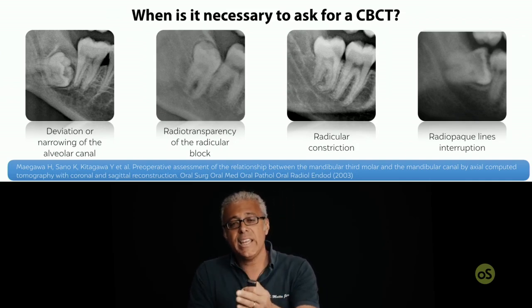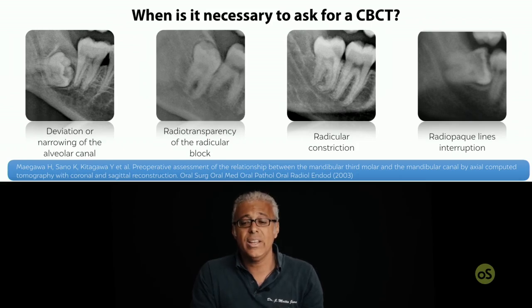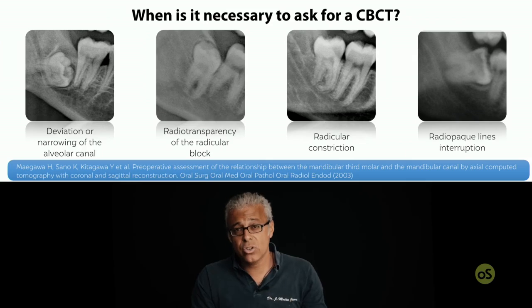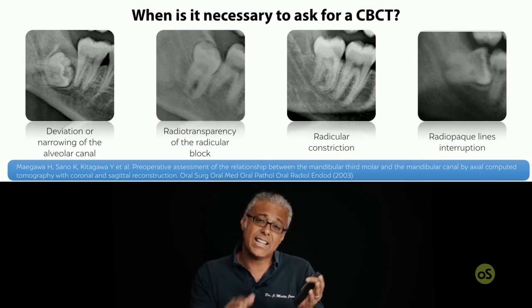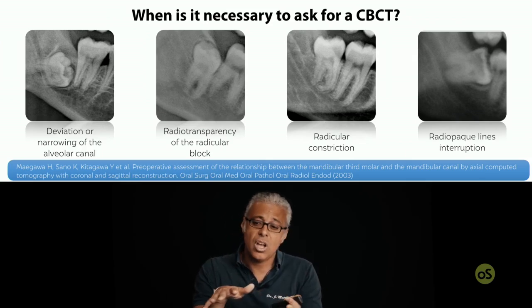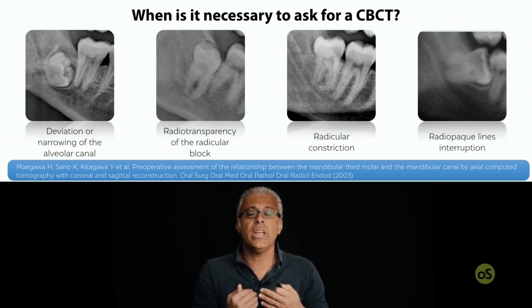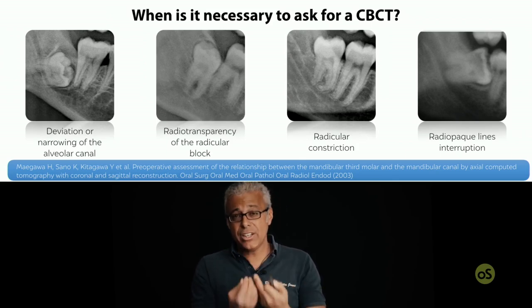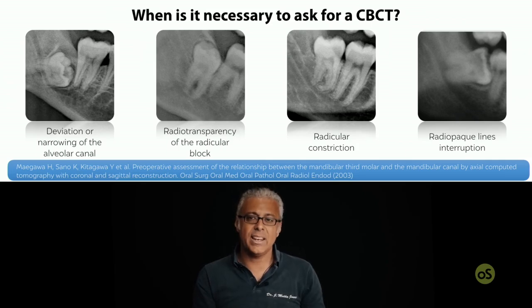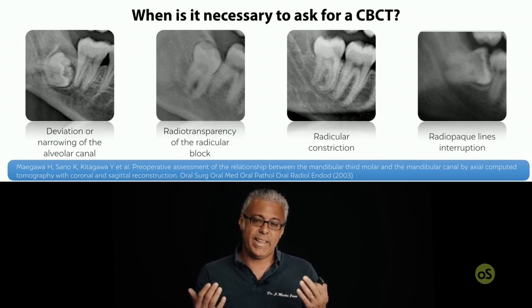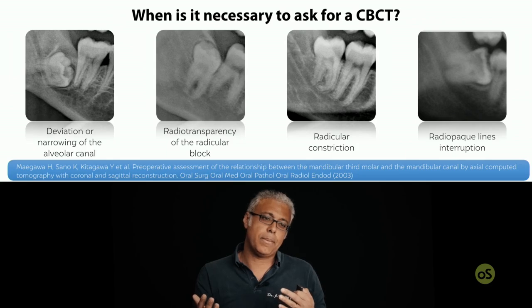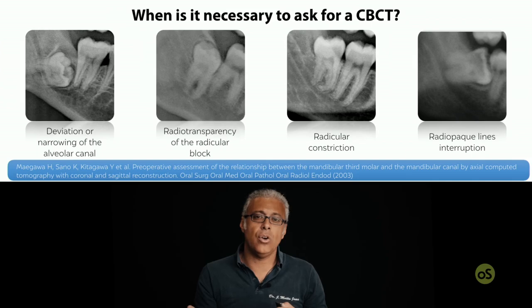So if we have a deviation or narrowing of the alveolar canal, a radiotransparency of the radicular block, or a radicular constriction, or the radiopaque lines of the bony canal walls are interrupted, then it's mandatory to ask for a CBCT scan in order to have a good planning of the surgery, and also in order to reduce any medico-legal problems after our surgery.